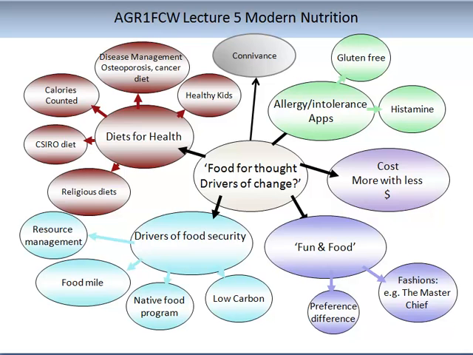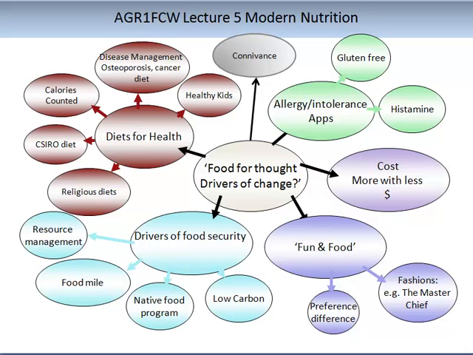Other drivers that dictate diet can be that of the allergy and intolerance or alternative food industries. Examples of this are gluten-free markets or the histamine market, and these are on a significant increase both across the world and in Australia. Diets can be led by fun and fashions. And finally, diets can be proven or altered by ethics of the inputs that underpin their production.